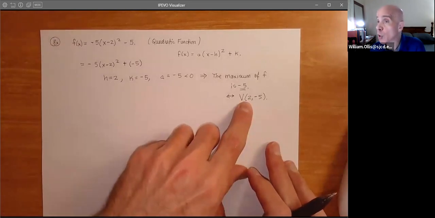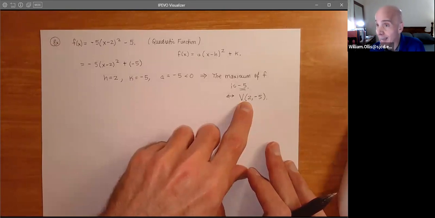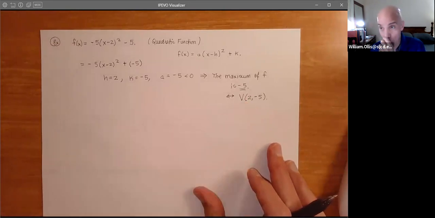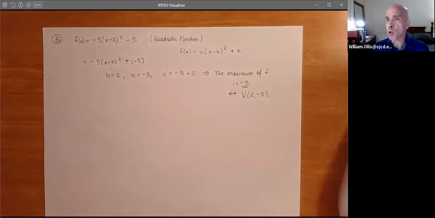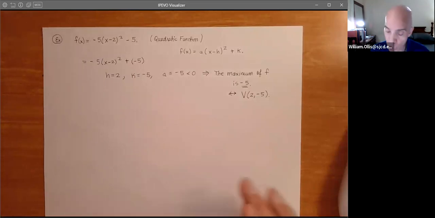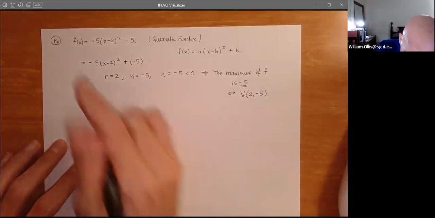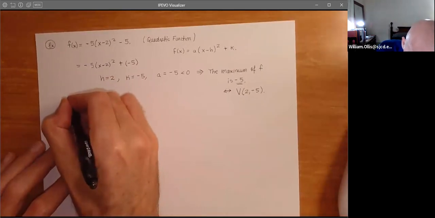And then, of course, it occurs at the h, the x coordinate. So again, it's one of those things where it's just a terminology game. Just be very careful that when you read the question, if they ask for the vertex, you put the ordered pair. If they ask for the maximum, you put the value of k, and just follow the routine that is provided to you. Now, of course, we'll have axis of symmetry.